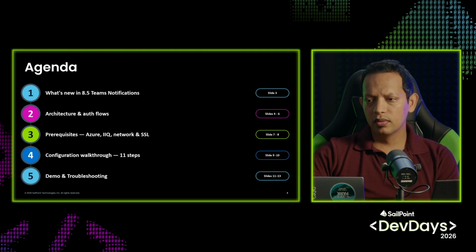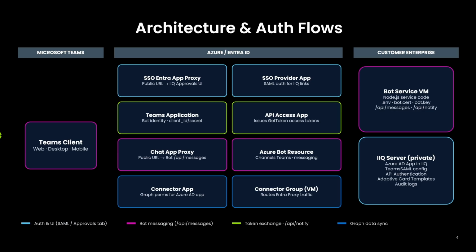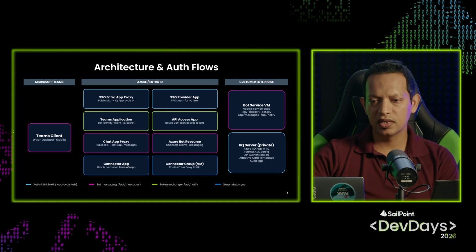Now, moving on to the architecture of this integration, there are different components involved. So you have Microsoft Teams, which is your end client, and then you have a zone, which is, let's say, called Azure and Entra, where you have a lot of configurations for various integration pieces.